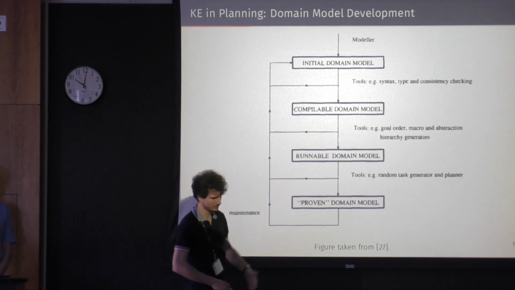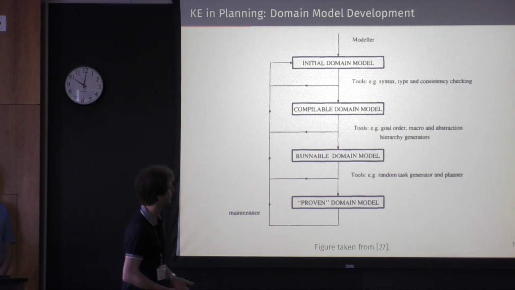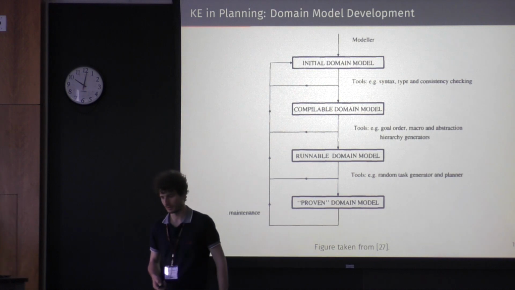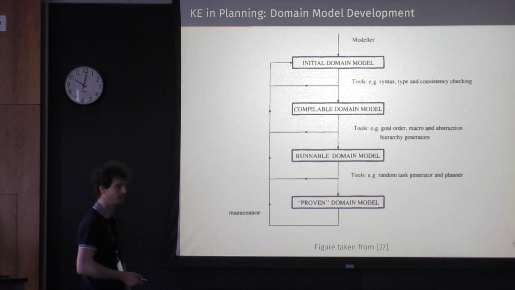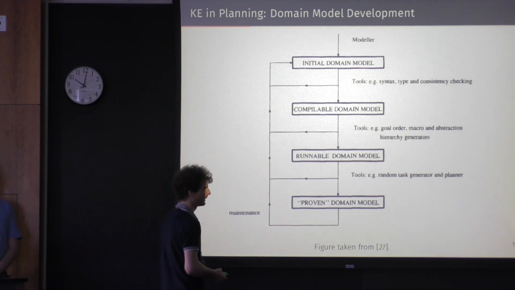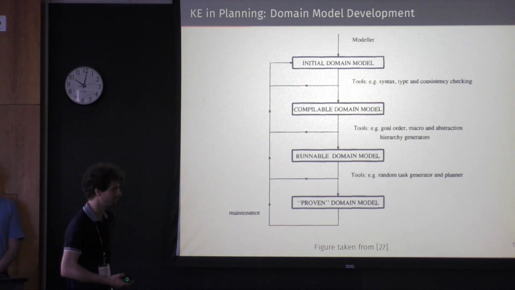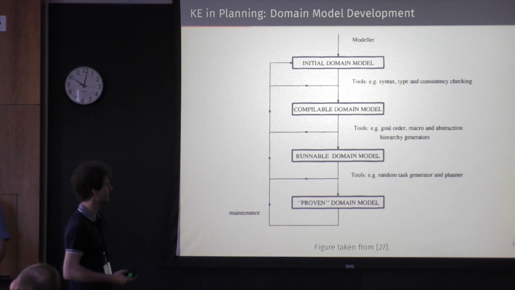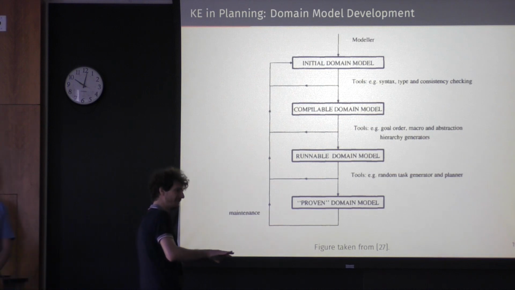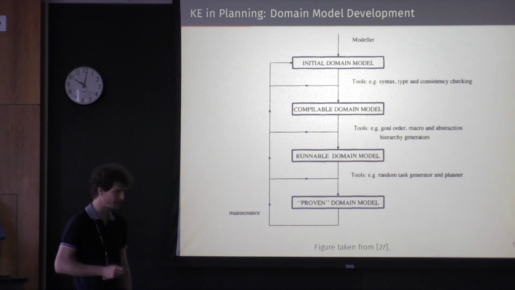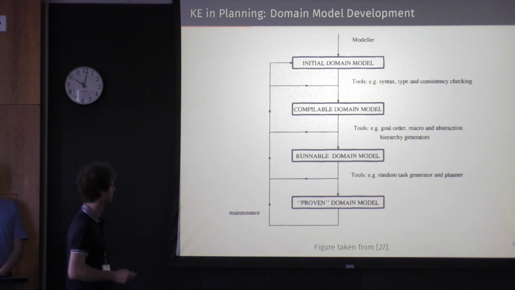Here you start thinking about whether it makes sense or not, and you also start using different tools. You can use random task generators, for instance, for checking all the possibilities that can be covered by your model, or you ask your customer, or the domain expert, to provide some more challenging benchmarks or different kinds of scenarios which are not exactly captured by the original benchmarks that you had.